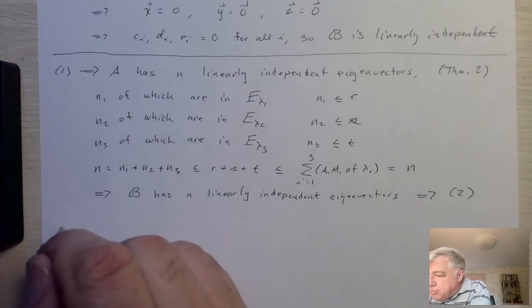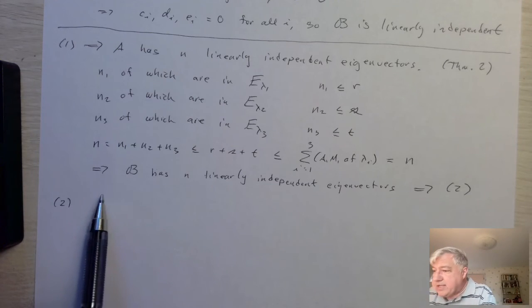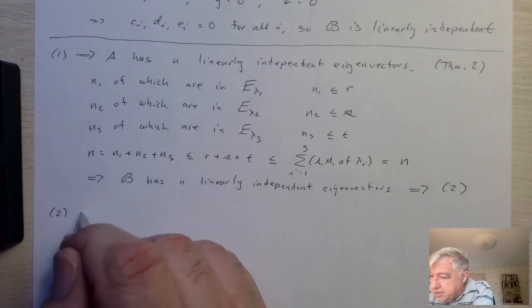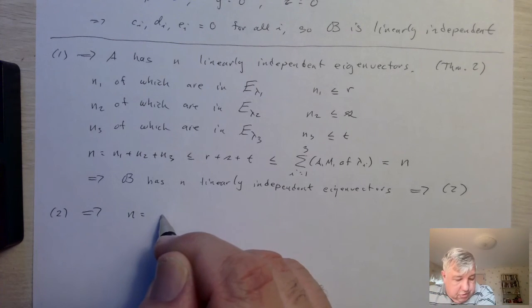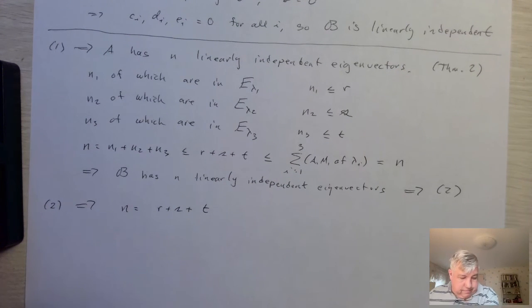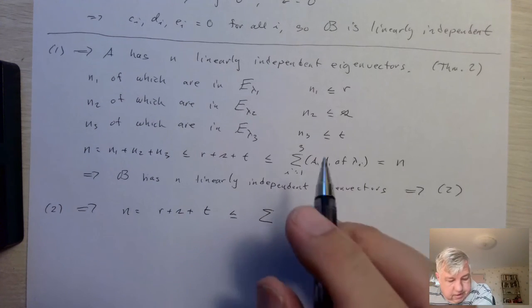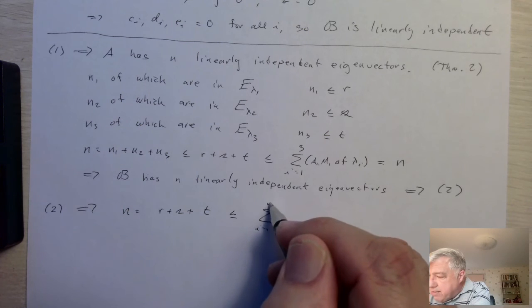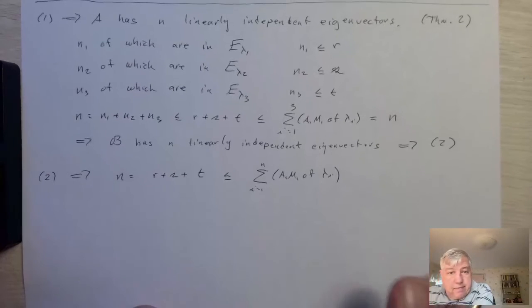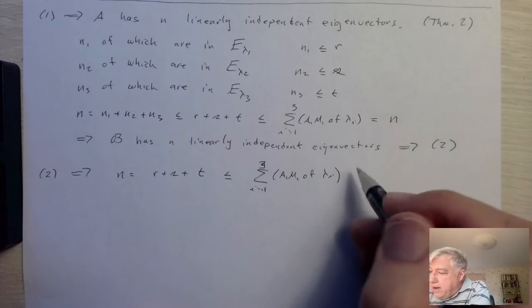To show that 2 implies 3, we're now assuming that the size of beta is n, which is basically what 2 says. So that implies that n is equal to r plus s plus t. Once again, this is going to be less than or equal to the sum of all the algebraic multiplicities of lambda I, as I goes from 1 to 3, and this is equal to n.